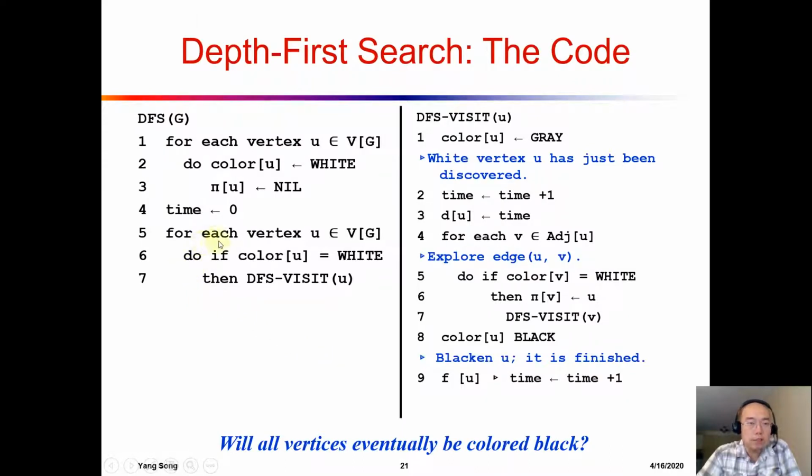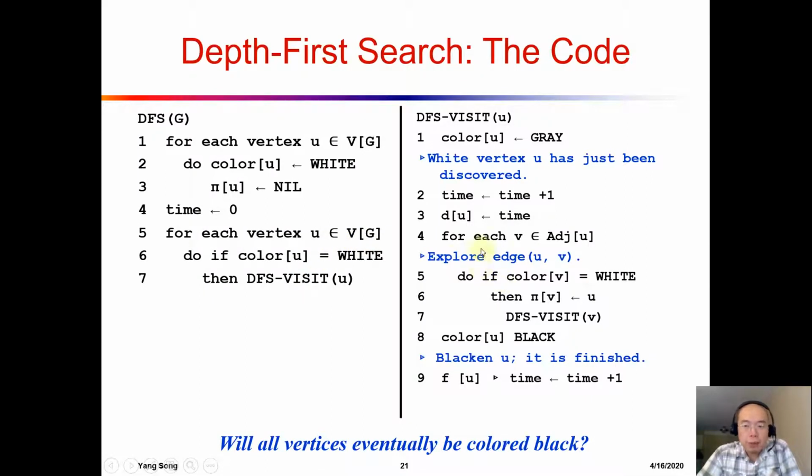In this iteration, for each of the nodes, if it is white, we will do a DFS visit. So this iteration guarantees that we will visit all the vertices in the graph G, right?